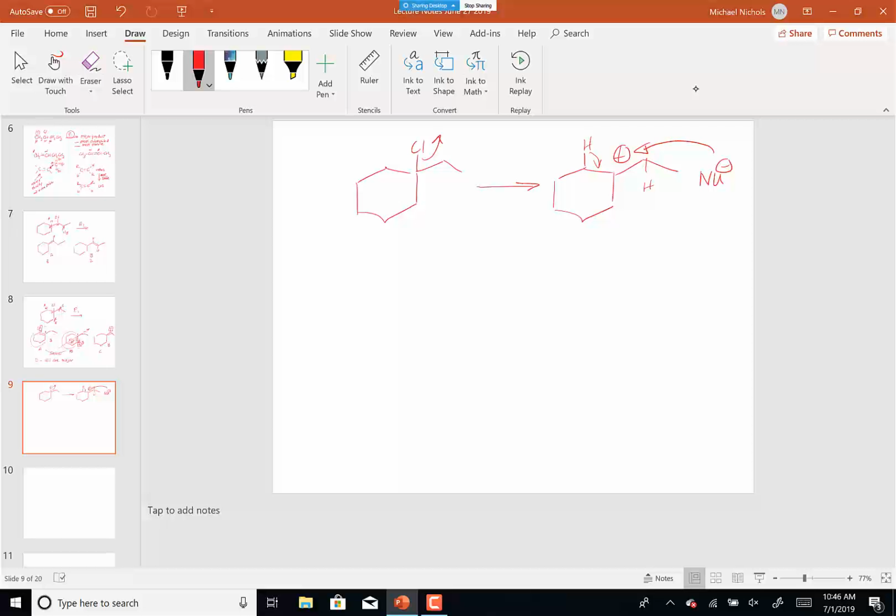So for instance, if I was to react this chloroethyl cyclohexane with something like water and ask what the major products of this reaction are, you would look at this and go, that's a tertiary plus a weak nucleophile, which makes the mechanism SN1.